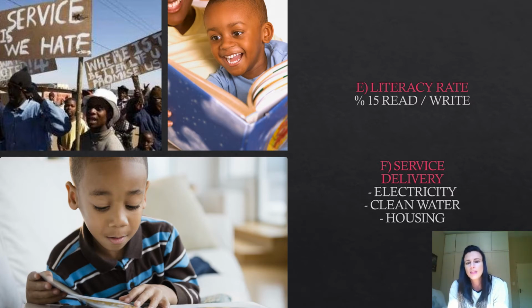All right. Then, your service delivery. If a country has got services that are provided to the people without any problems or hassles, we will say that that country is more of an MEDC country. So people will pay for a service like electricity, clean water and housing, and they will receive that service. Now, as we know in South Africa, for example, we pay for our electricity, but we still get load shedding.